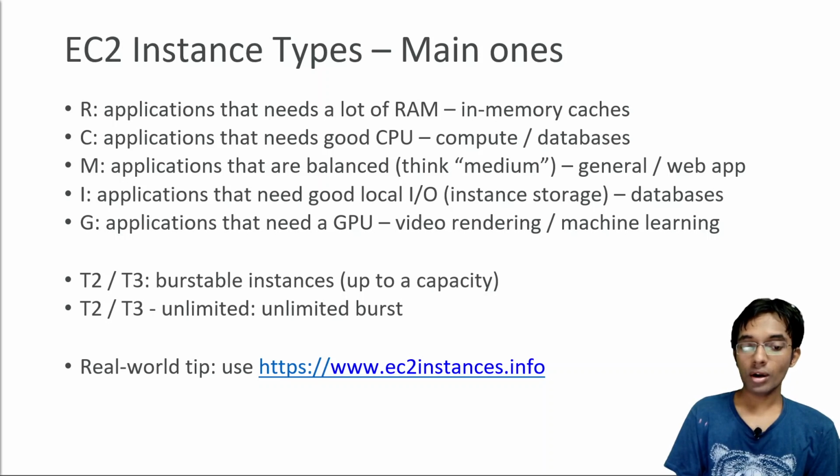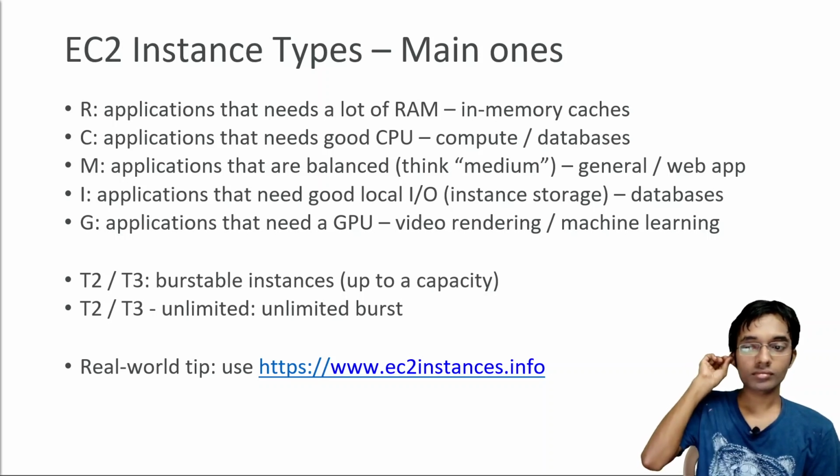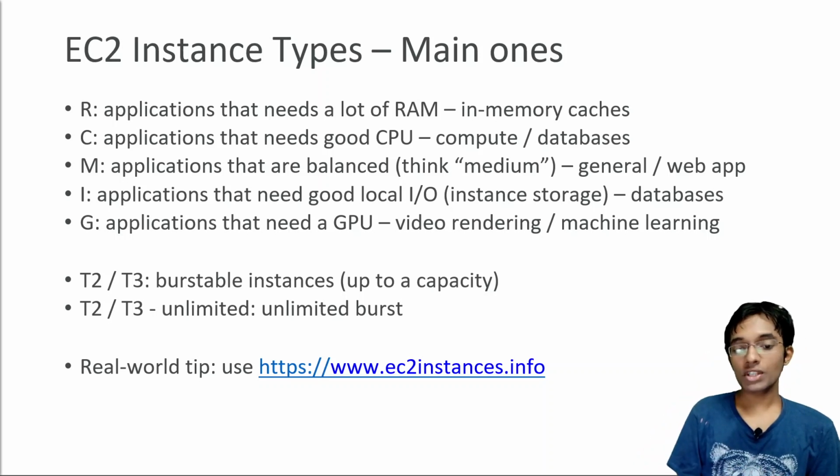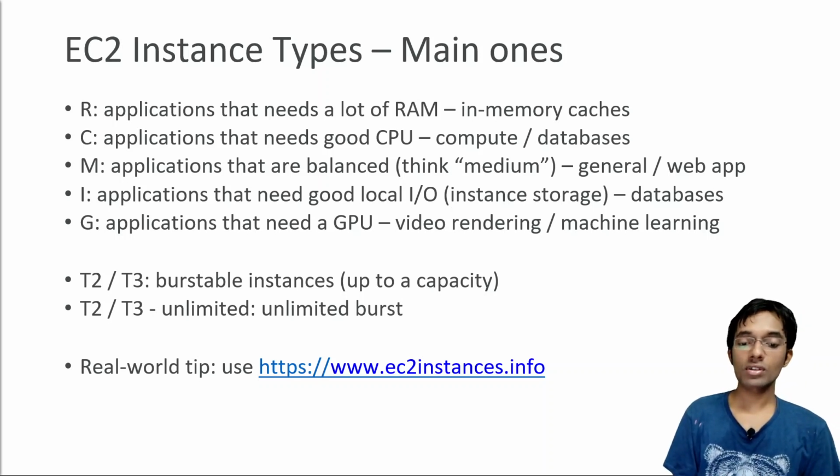So based on EC2, we have different families, and each family is appropriate for different kinds of workloads. If the EC2 instance type is optimized for the workload, then the workload will finish faster, and we are probably going to pay less.